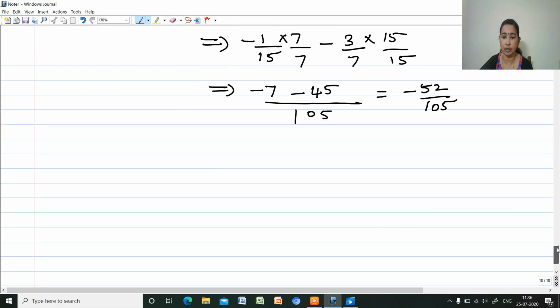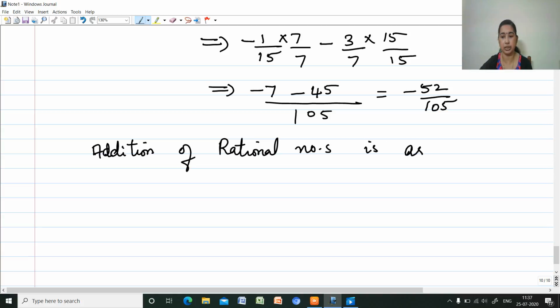So for addition of rational numbers, it is associative. Associativity is satisfied for rational numbers under addition. Same way we have to check for subtraction. So addition of rational numbers is associative.